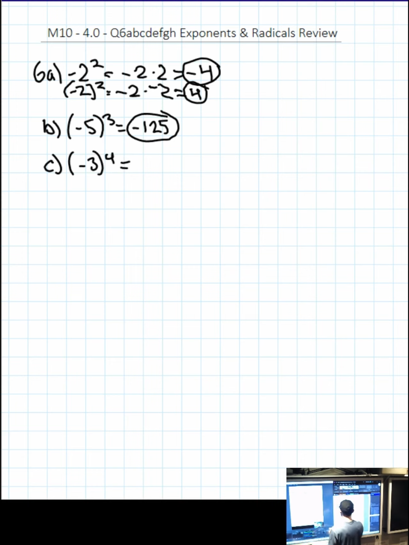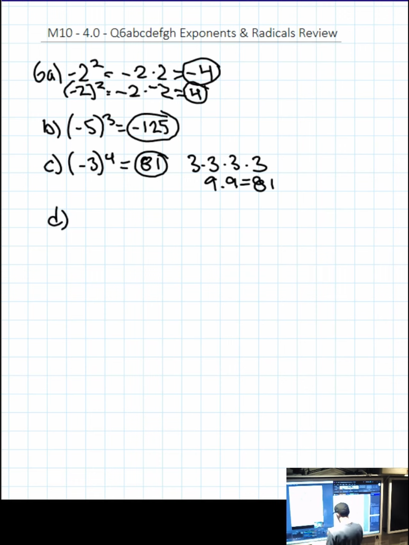This time we're taking a negative to the 4th power. We're taking a negative to an even power, which means we have 4 negatives, and that means that the answer is going to be positive, and 3 to the 4 is 81. I know that because 3 times 3 is 9, times 3 is 27, times 3 is 81, or 9 times 9 equals 81. Much easier to look at it that way.